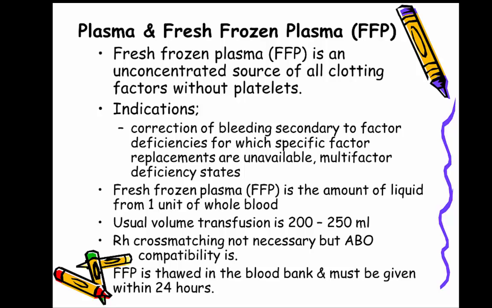One unit of fresh frozen plasma has the same amount of plasma that would be in a whole unit of blood, but now we've separated it out. We have our packed red blood cells and our fresh frozen plasma. General volume is about 200 cc's. Rh cross matching is not usually necessary, but ABO compatibility is. Fresh frozen plasma does need to be thawed before it can be given.